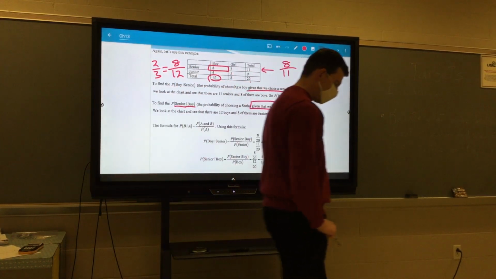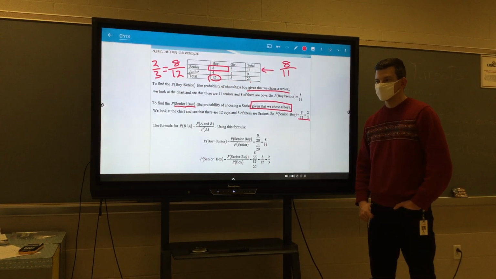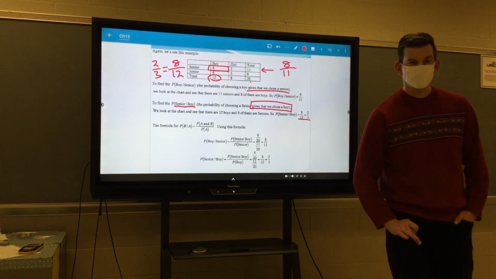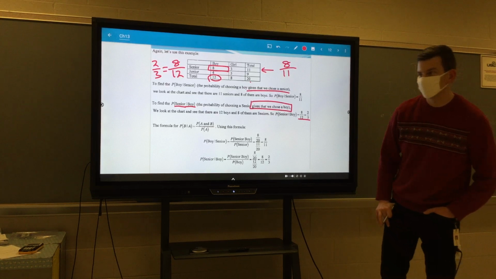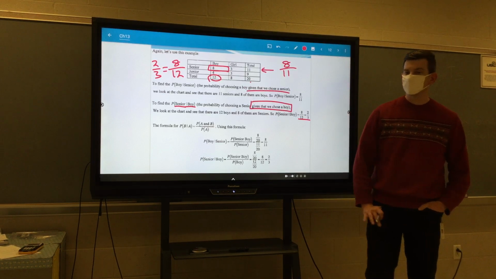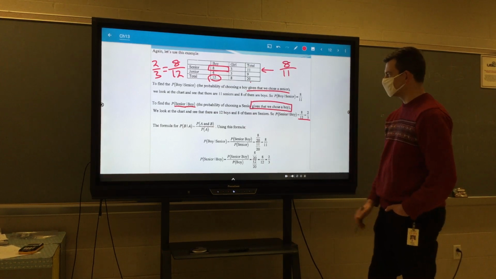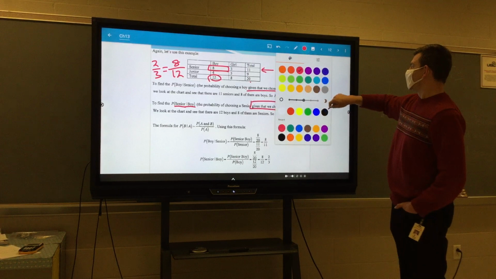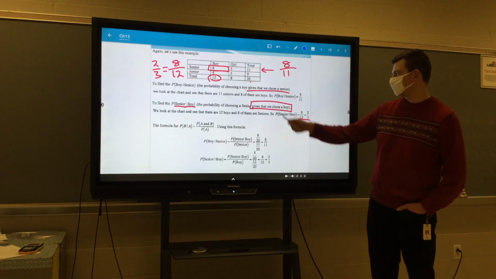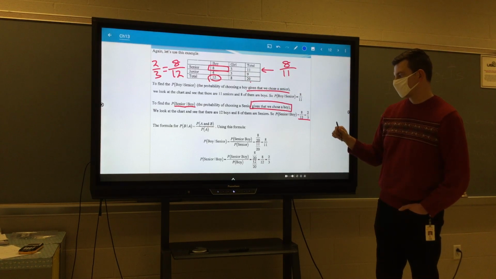Now, I think you'll find today that for many of these problems, using a chart is going to be easy. It's going to be pretty straightforward. But just like we saw last week, you still want to be familiar with the equation. Let's take a look at how this satisfies the equation here. In this problem, our first condition is the probability of selecting a boy given that we choose a senior.